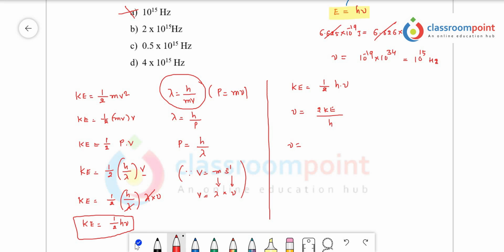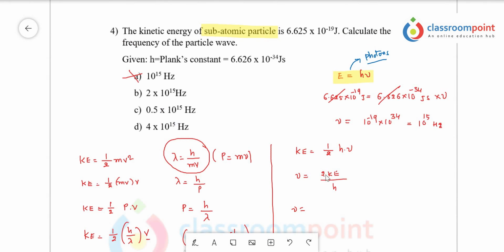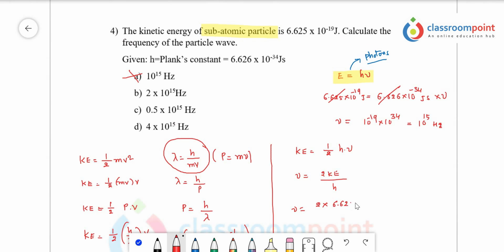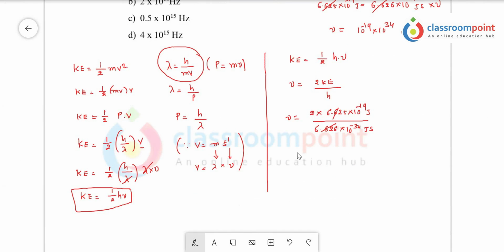So nu equals, let's take the values given over here, 2 into kinetic energy 6.625 into 10 power minus 19 joules, divided by Planck's constant value 6.626 into 10 power minus 34 joule seconds.